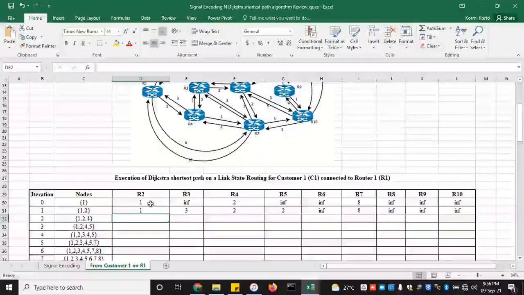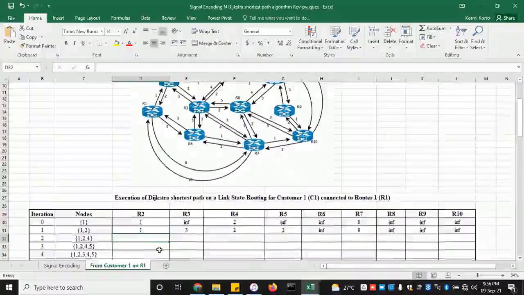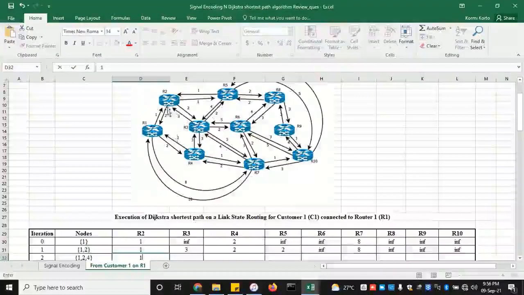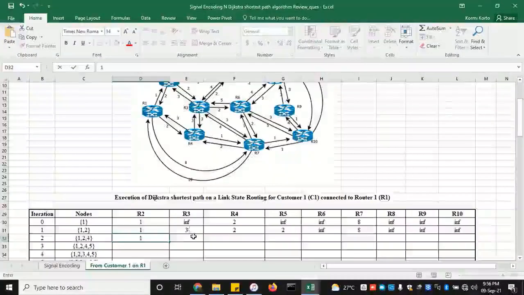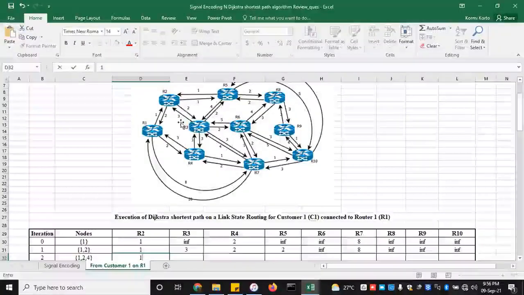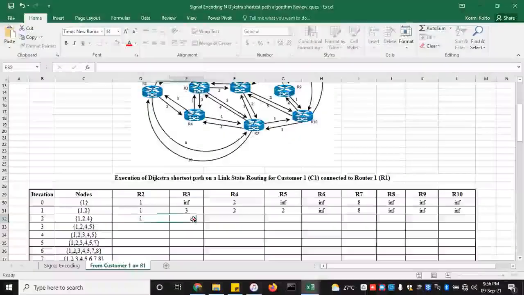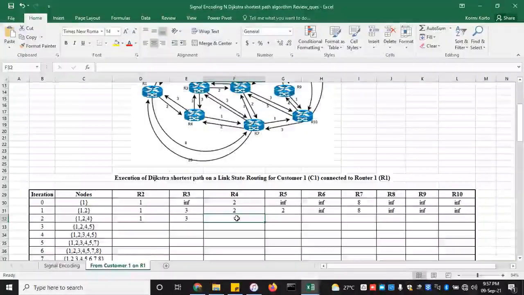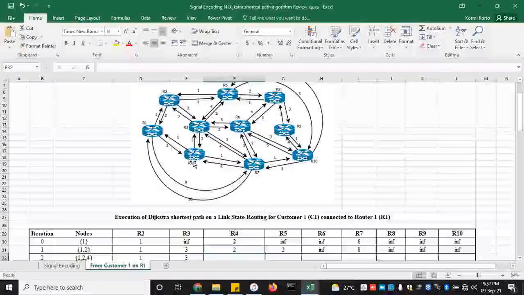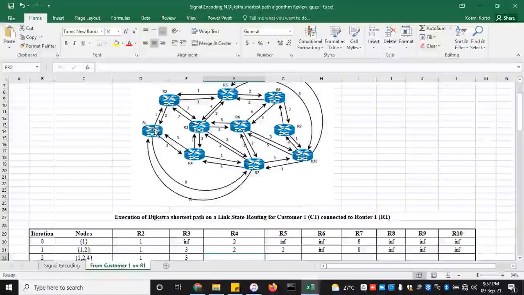So for 2, it will still be 1. That 1 is still the shortest path. For 3, it will be the same again. It will be 1 plus 2, which is your 3. And for 4, it would also directly be 2 because they're directly connected.